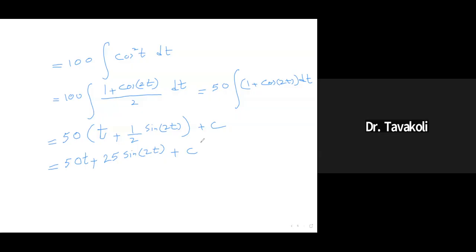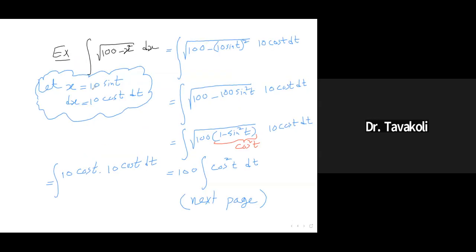One of the complications that we have here is to write this in terms of x. For 50t, it's simple. So for 50t, we know that what was the substitution? X was 10 sine t. If x is 10 sine t, t is sine inverse of x over 10.